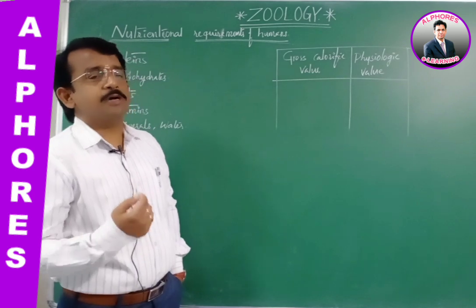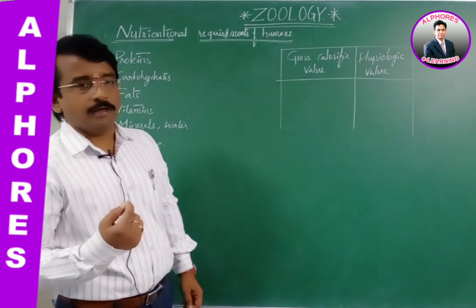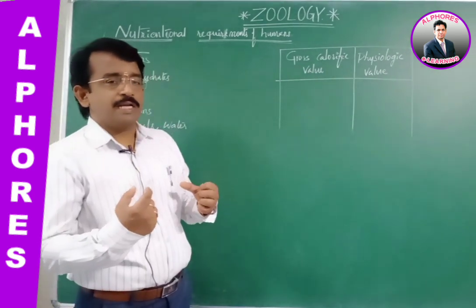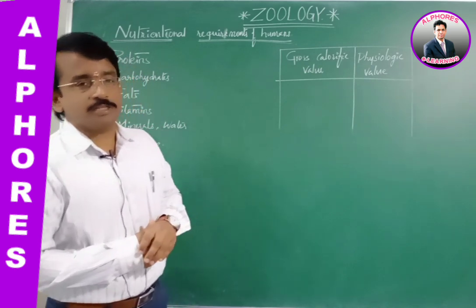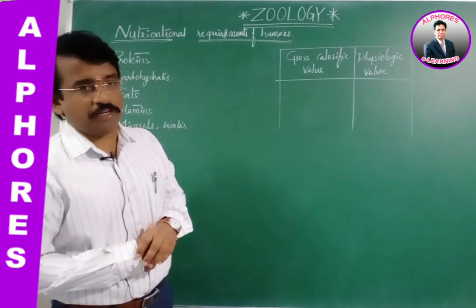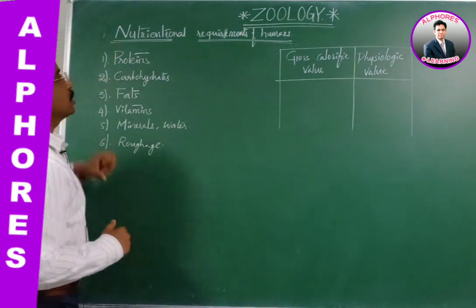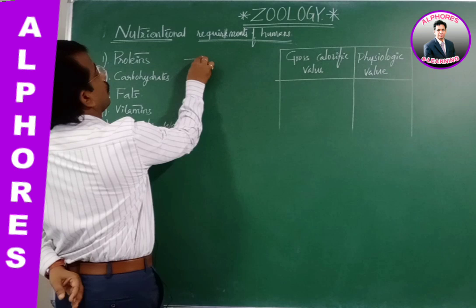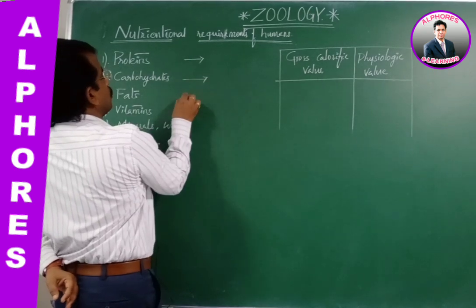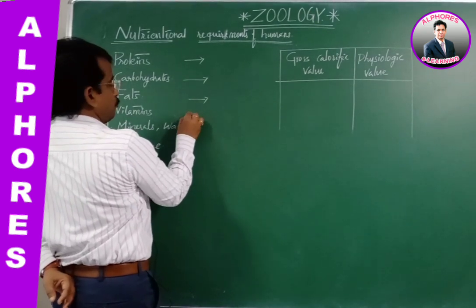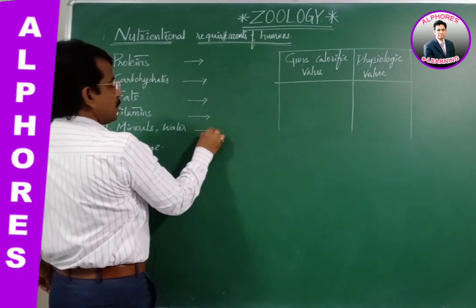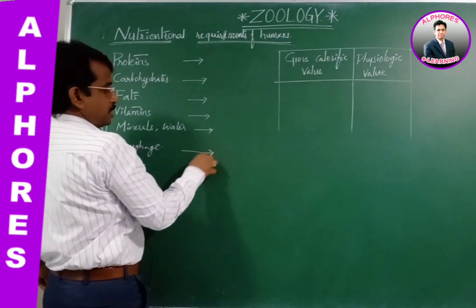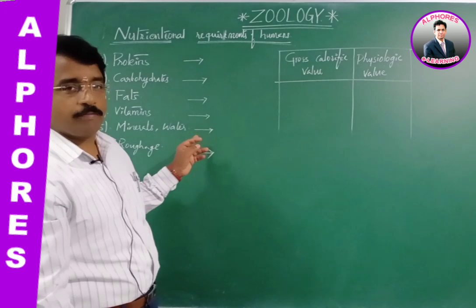A balanced diet is that which provides us sufficient energy by combustion of the food that we take. The nutritional requirements are proteins, carbohydrates, fats, vitamins, minerals, water, and roughage is also included.